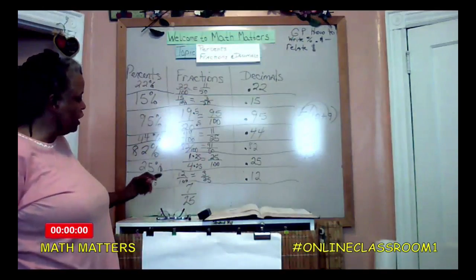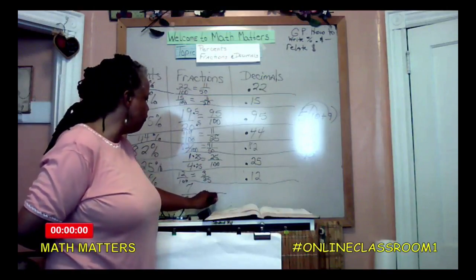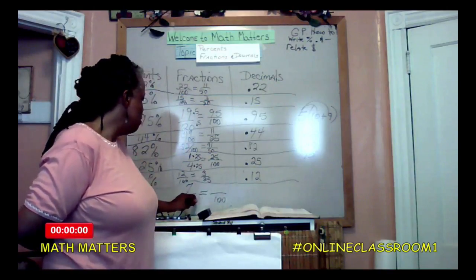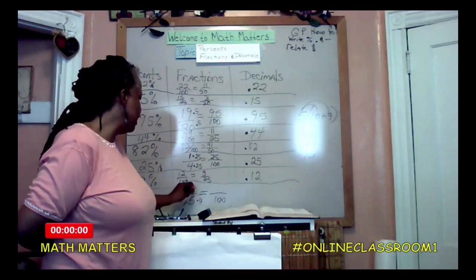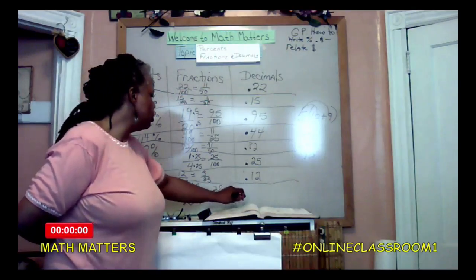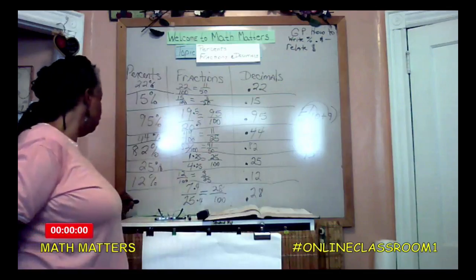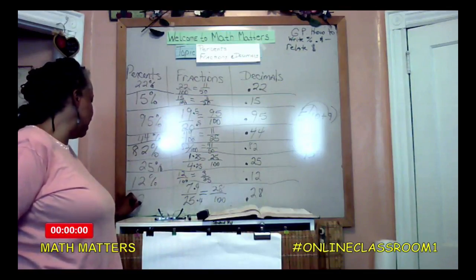The next one, what did I do to the 25 to get 100? Because we need to have that fraction over 100. Multiply by 4. You've got the answer already, don't you? 28. Looks like 28 cents. And it looks like 28%.